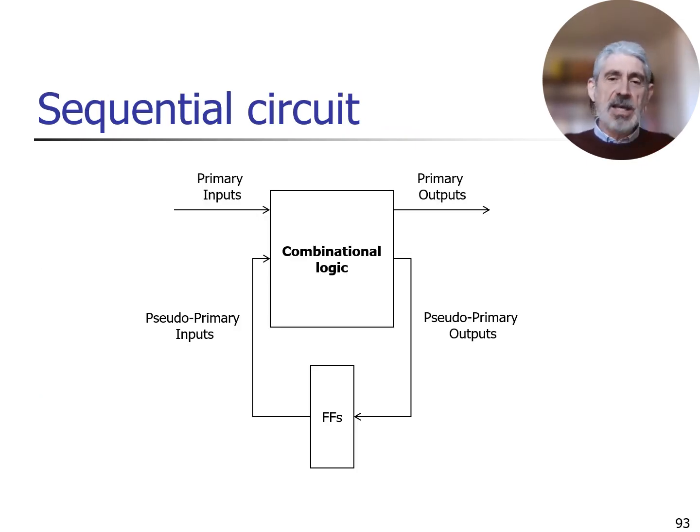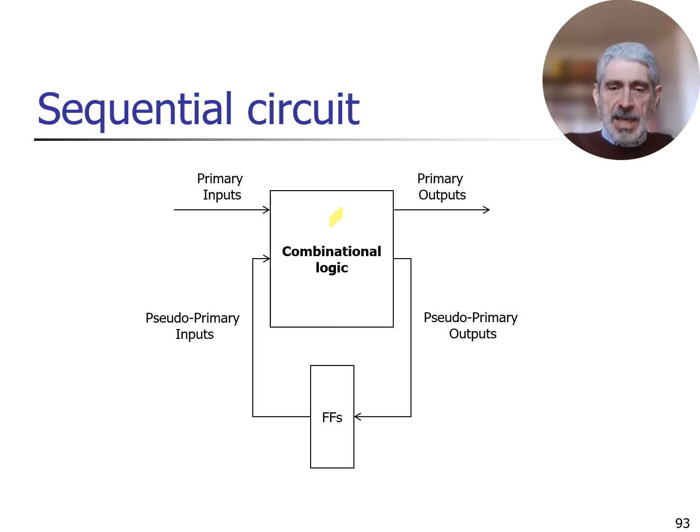So this is the usual architecture for a generic sequential circuit with the combinational logic, the flip-flops, the primary and pseudo-primary inputs, primary and pseudo-primary outputs. Now let's imagine what happens when there is a stuck-at fault inside the combinational logic. Okay?